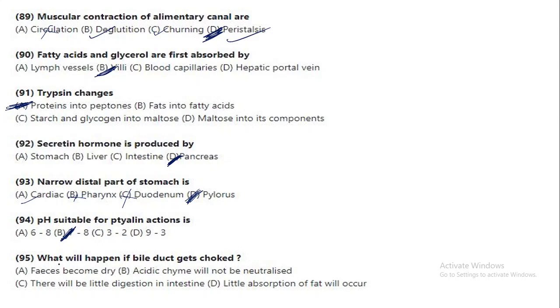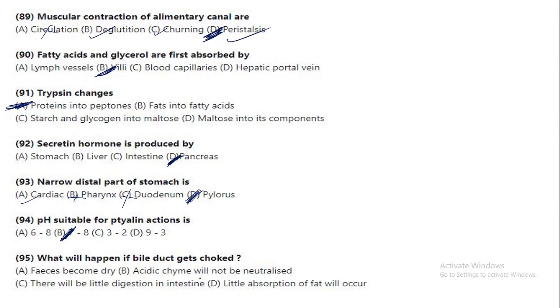What will happen if the bile duct gets choked? Bile will not reach the intestine, and if bile is not available, what will happen? Feces becomes dry? Not sure. Acidic chyme will not be neutralized? To some extent, yes. There will be little digestion in the intestine. Little absorption of fat will occur.